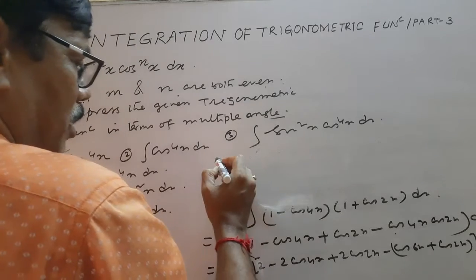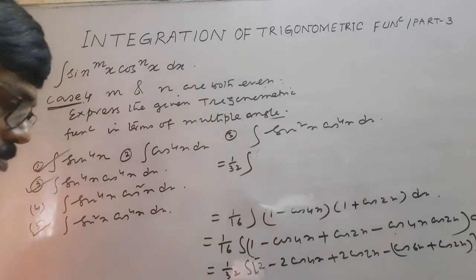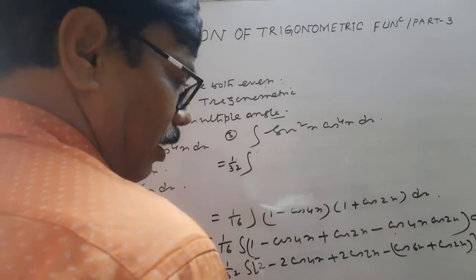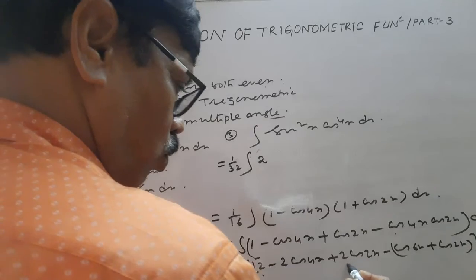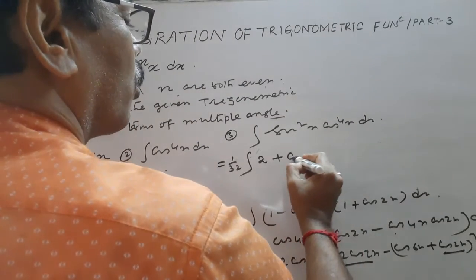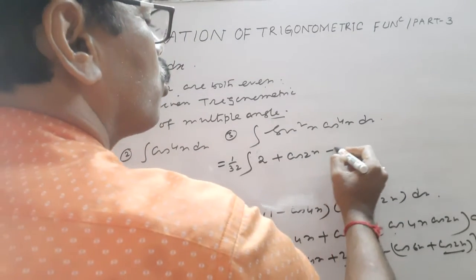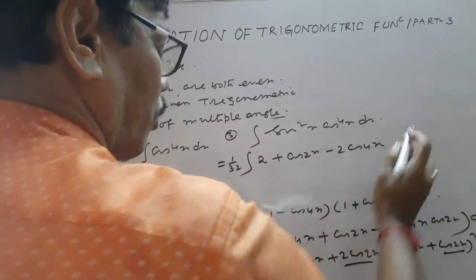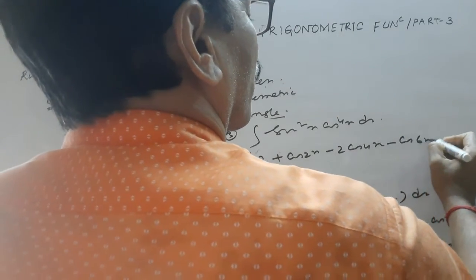So you only need the idea of the formula of multiple angle. So 2 cos 2x, this is minus cos 2x. So plus cos 2x, minus 2 cos 4x, minus cos 6x.